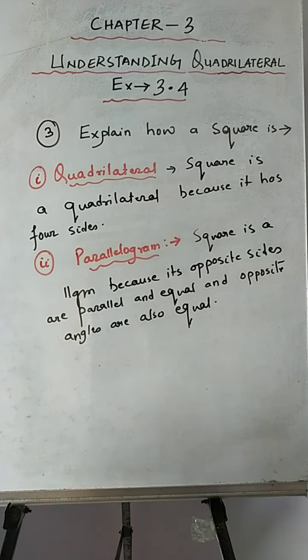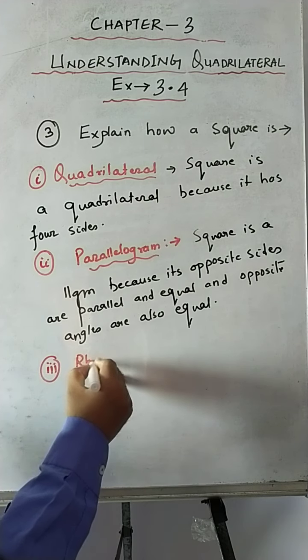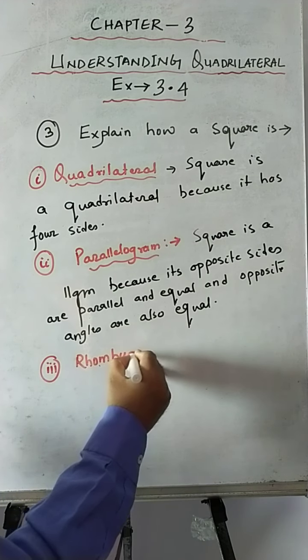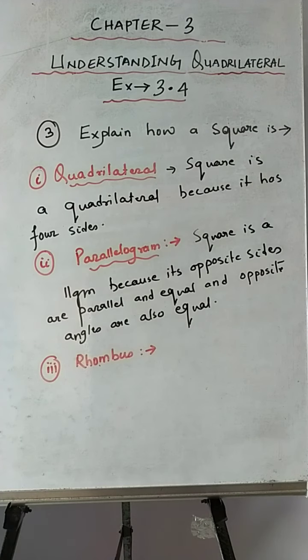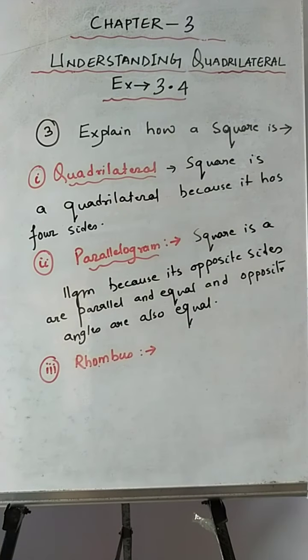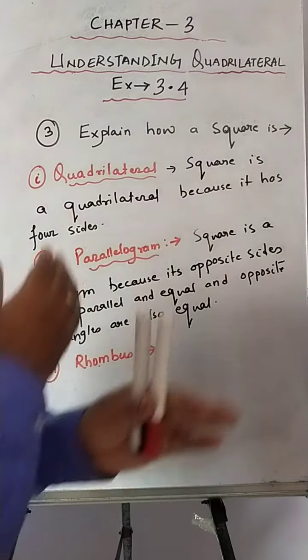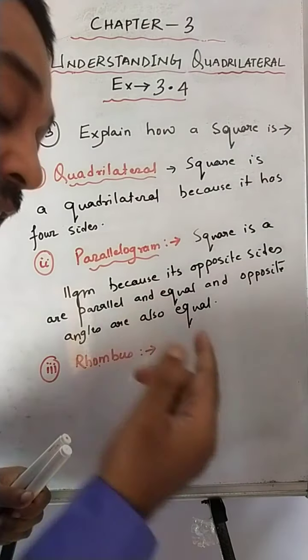Now number 3 is: why is a square a rhombus? What properties of a rhombus really match with a square? In a rhombus all the sides are equal. In a square all the sides are equal. In a rhombus the diagonals bisect each other. In a square the diagonals bisect each other.